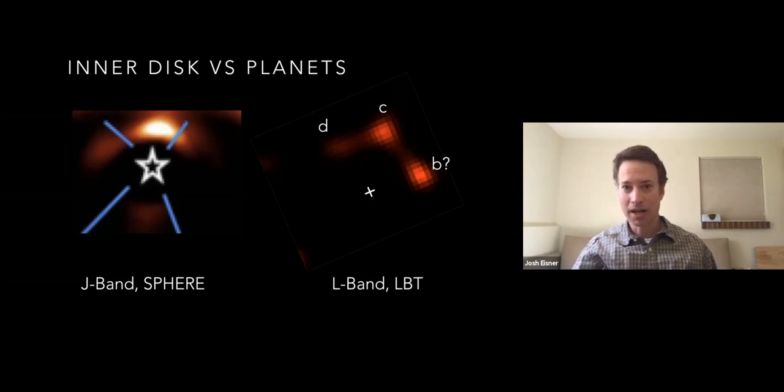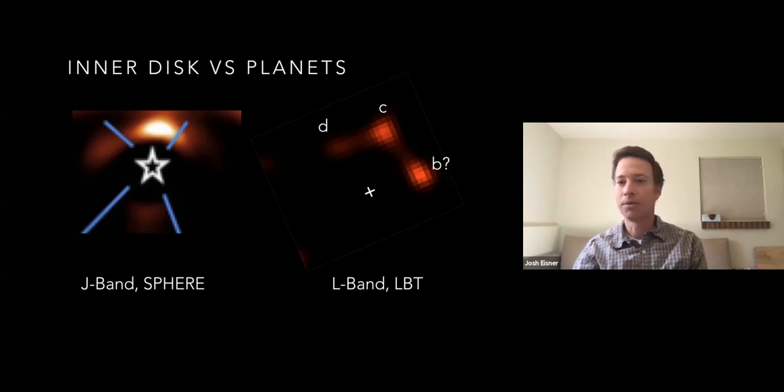You can see that this square has had to be rotated by almost 45 degrees between the epoch I took this image in and this epoch here. If this is an inner disk feature, it's presumably geometric. If it's forward scattering, it doesn't change with time, it doesn't orbit. So in my opinion, scattered light from an inner disk is just totally not viable because it's an orbiting structure. What's actually here, I'd say, okay, we can let that remain controversial.